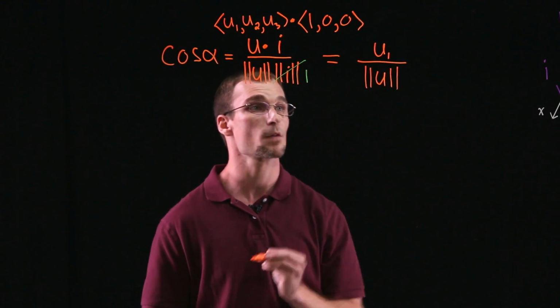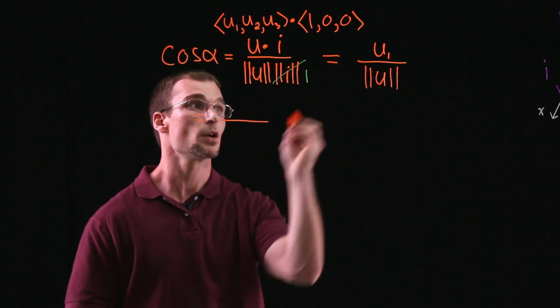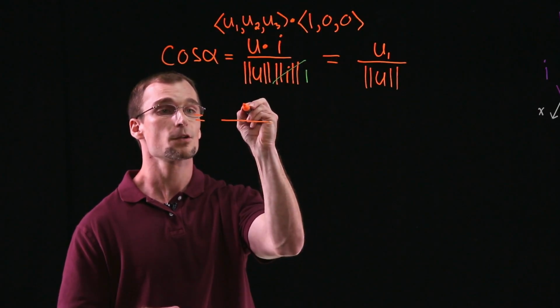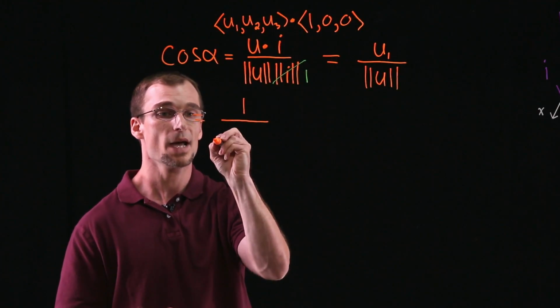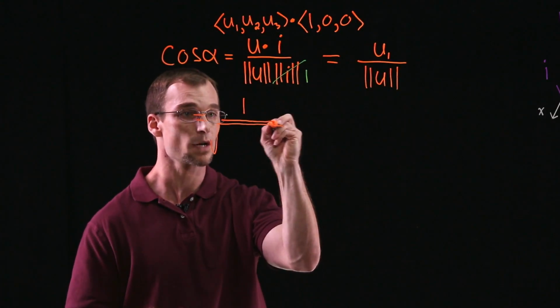So what is u1 over the magnitude of u? Our component u1, looking at the definition of u, the coefficient in front of i is 1, and the magnitude of u is the square root of the sum of squares of its components.